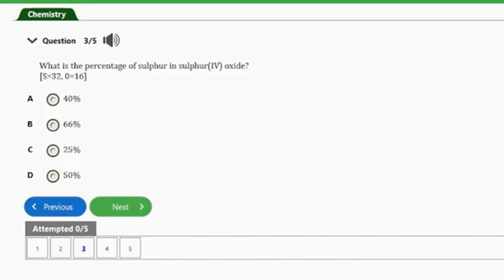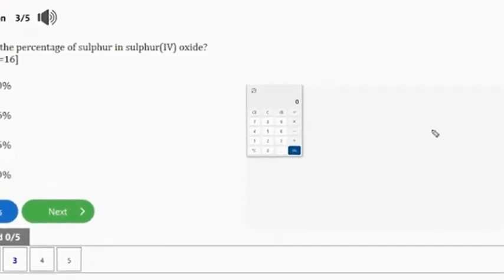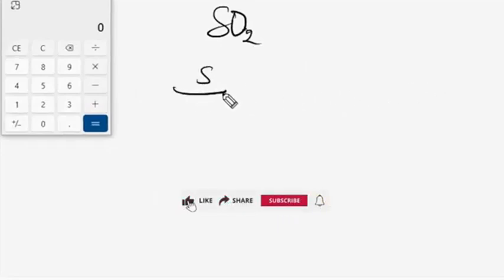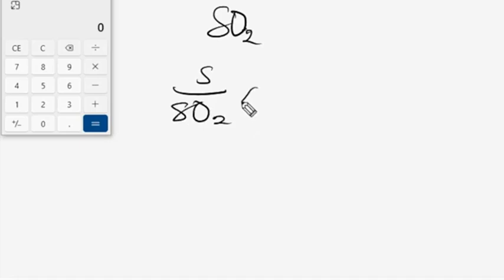So we are going to write the chemical compound here, sulfur dioxide. To know the percentage of sulfur in this sulfur dioxide, we're just going to do the mass of sulfur over the mass of this compound, sulfur dioxide, then multiplied by 100, which indicates percentage.